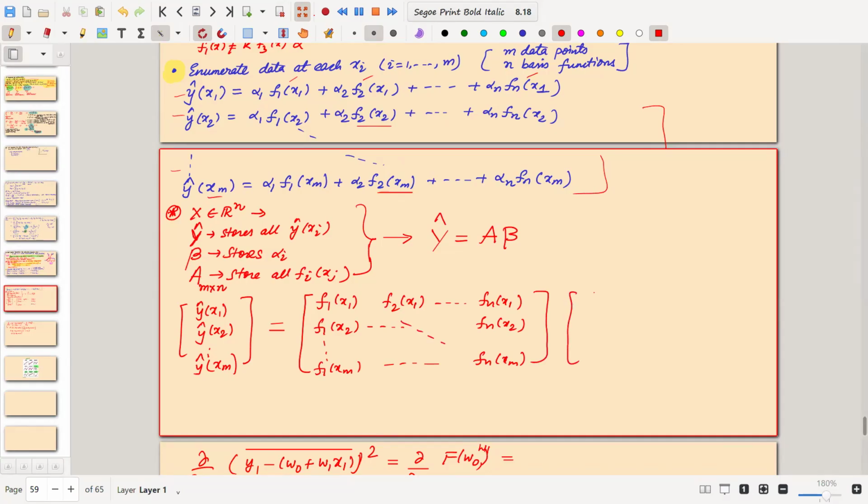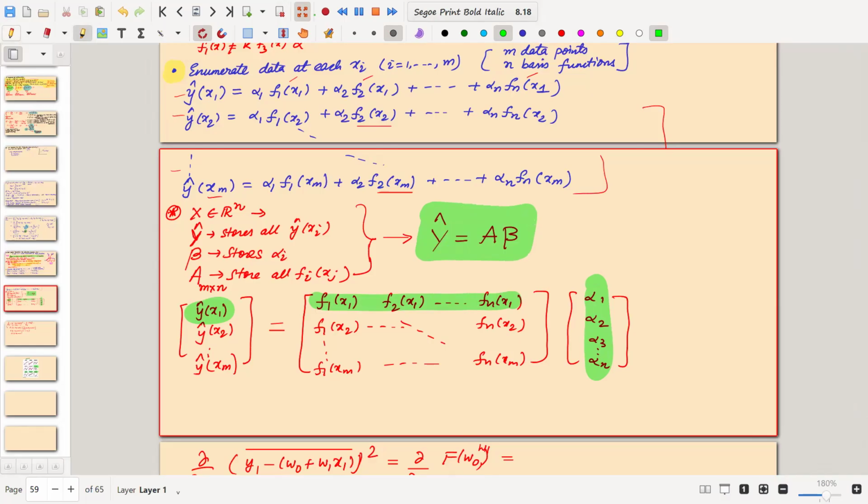Then beta is nothing but alpha 1, alpha 2, alpha 3, and so on up to alpha n. Can you see? If you have to multiply, you take this matrix and multiply with this vector, so you will get this vector. So yes, you can write it as y cap equals A beta.